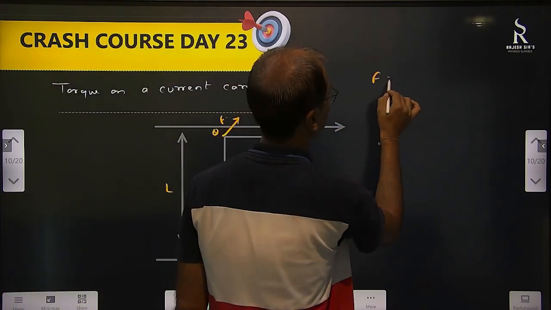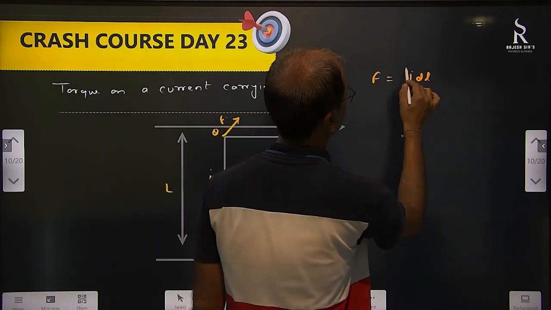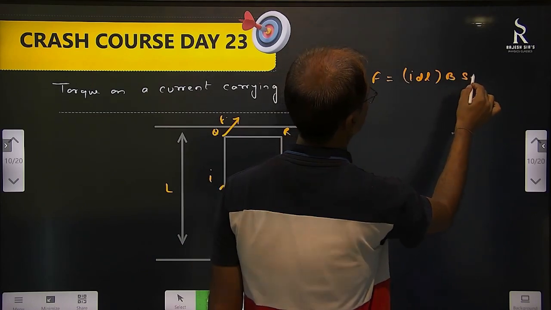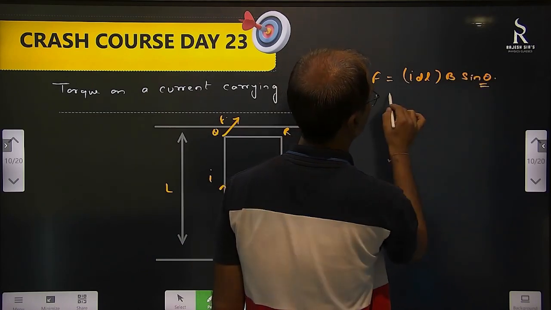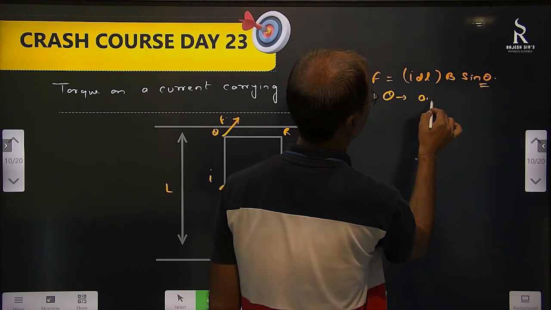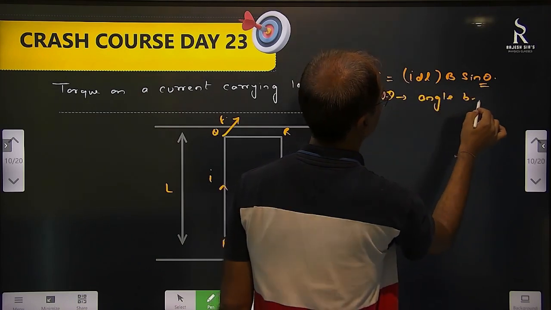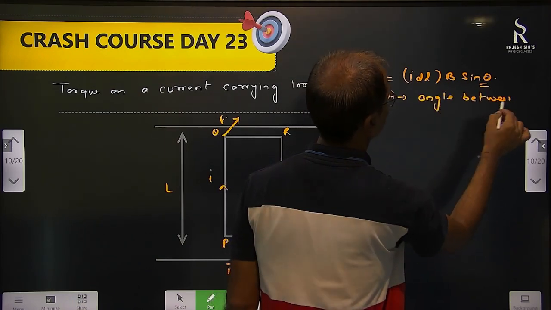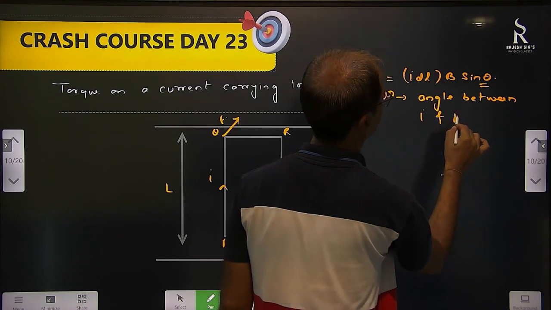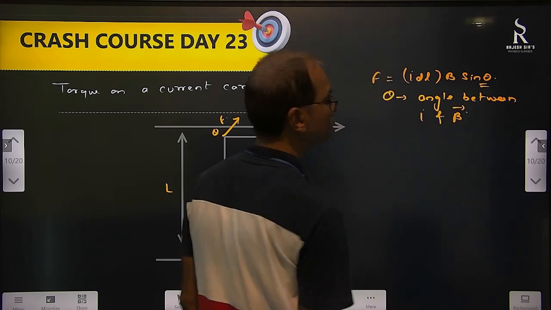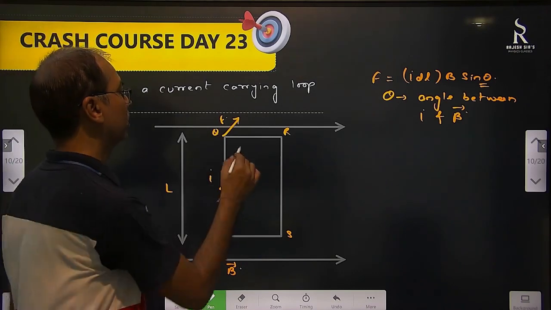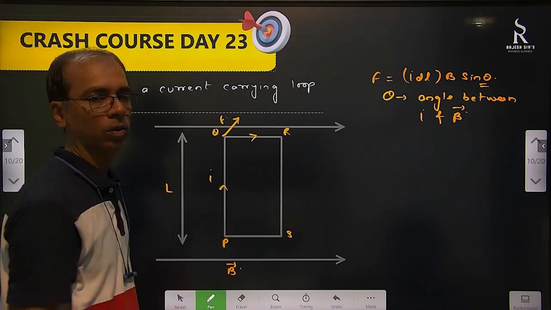Force is I dl B sine theta, and theta is the angle between I and B, the angle between current and magnetic field. And here current and magnetic field are in the same direction, so force here is 0.